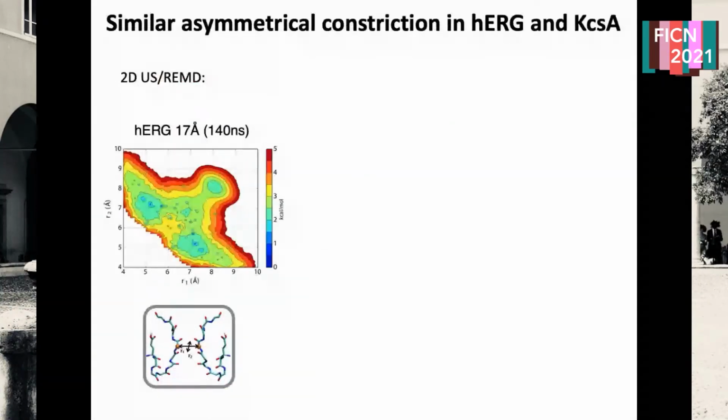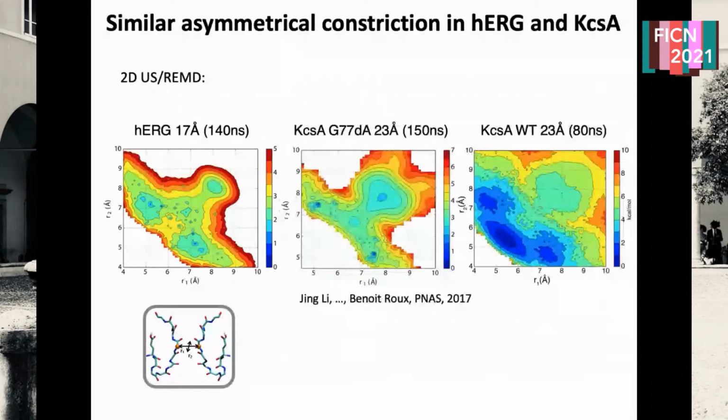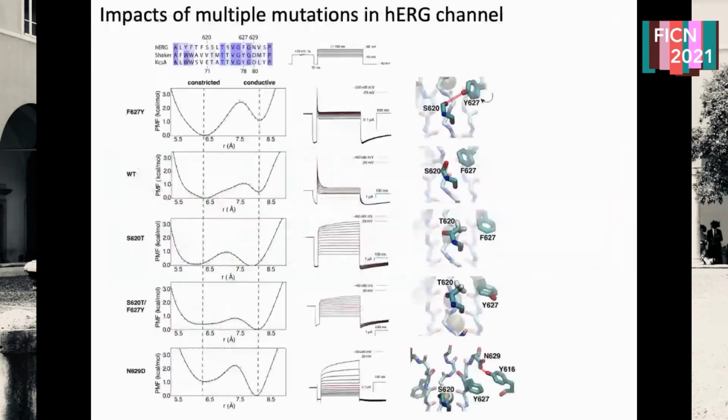If you compare KcsA, hERG, and Shaker, this is just to remind you: KcsA wild type can have the symmetric constriction, but it's not there in the D-alanine G77, and it's not there in hERG either. So this asymmetry is something we've seen before.